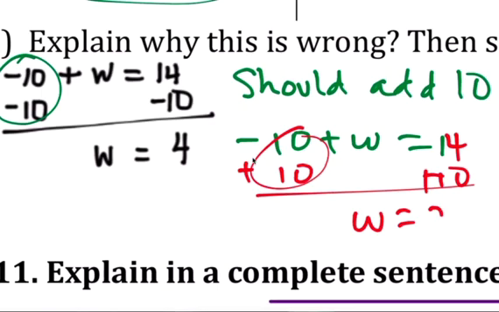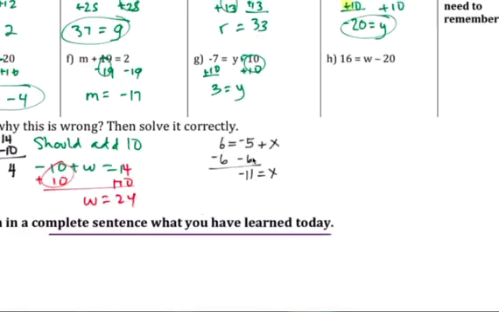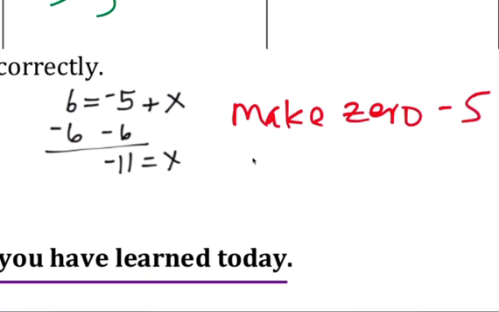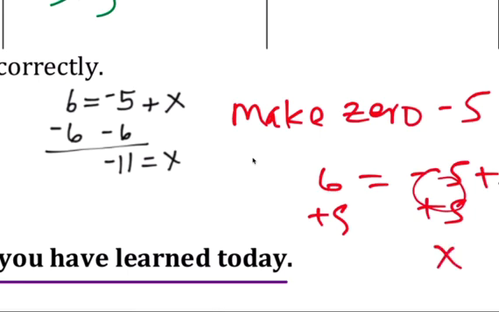W equals 24. What they should have done here, they should have made 0 to -5. Okay, so we got 6 equals -5 plus x by adding 5. X equals 11.